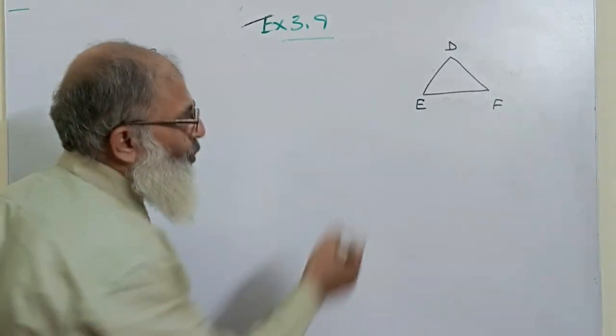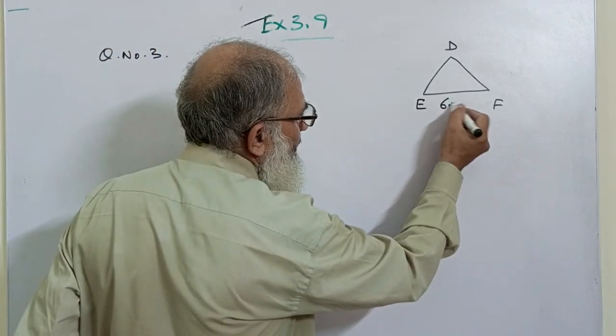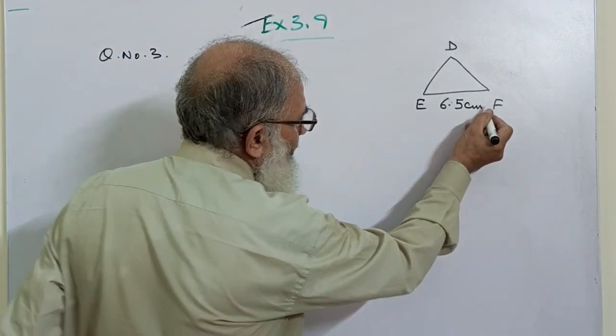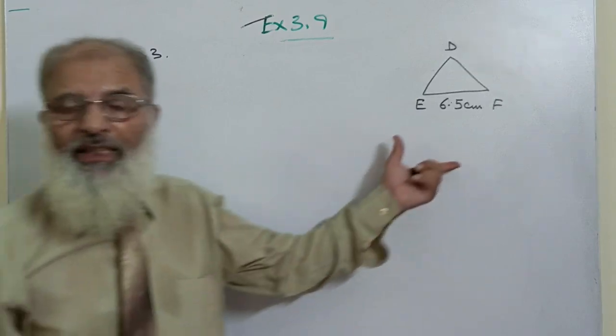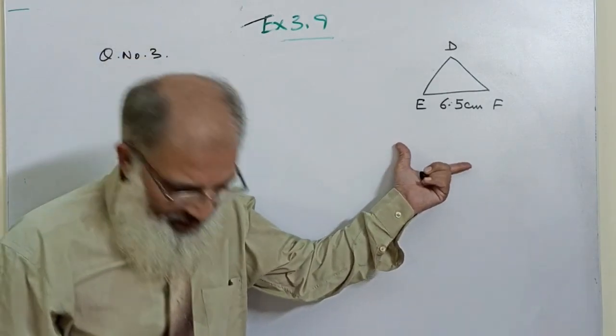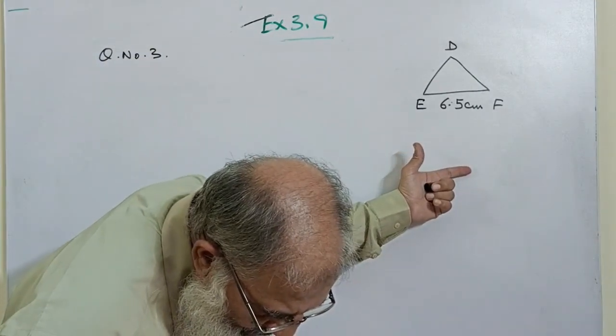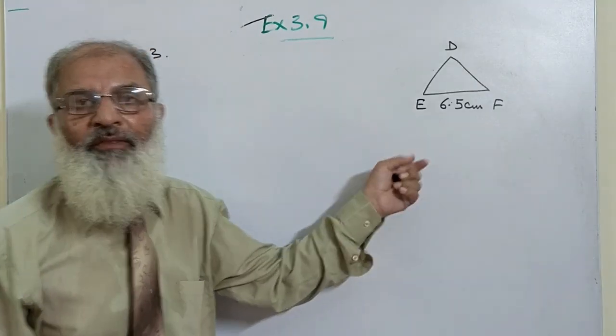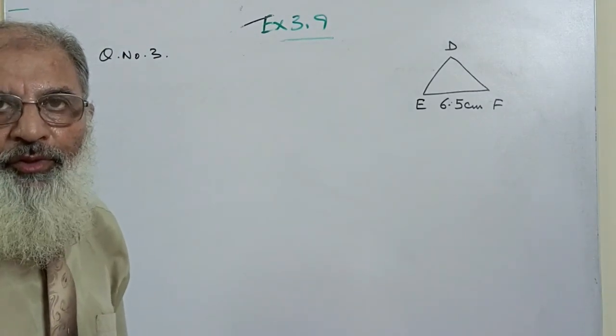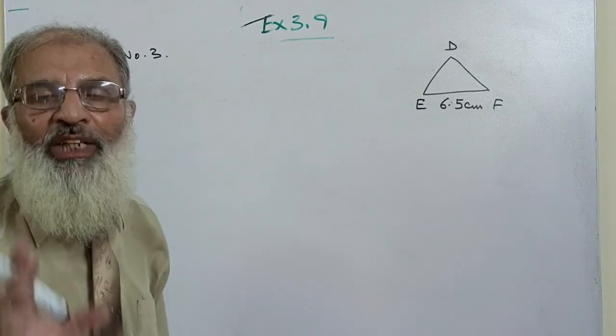It seems to be difficult when only one side is given, 6.5 centimeters. But if you read it carefully, it is an equilateral triangle.